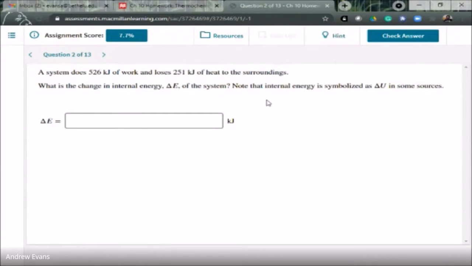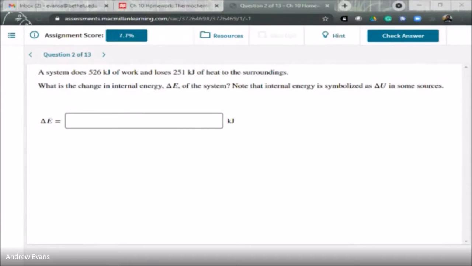The whole idea here is, I don't really even need to go to the doc-cam, but I will for our sake. So 526, the delta U is equal to heat plus work. We say we did work and we lost heat.